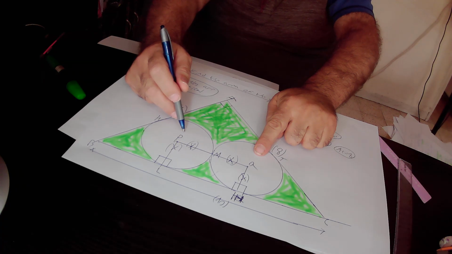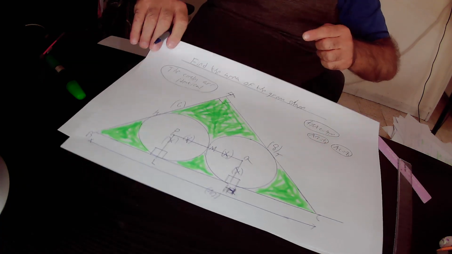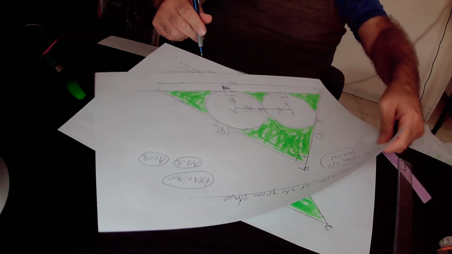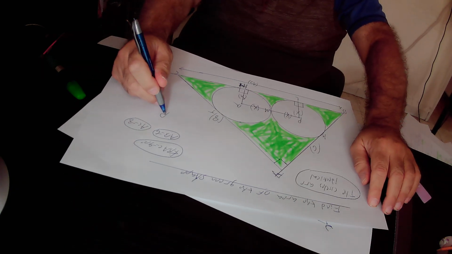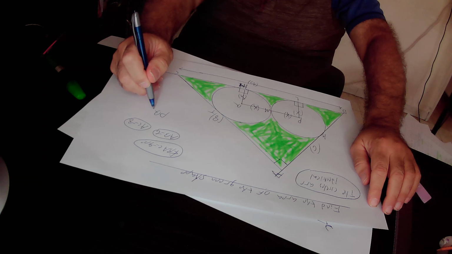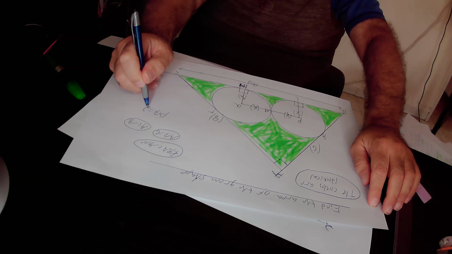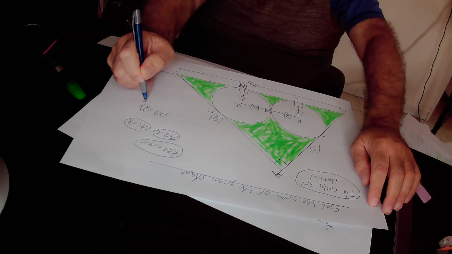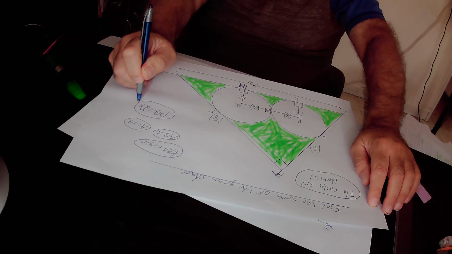So PQ equals 2X. Let's call this line 7: PQ equals 2X, according to rule 10.